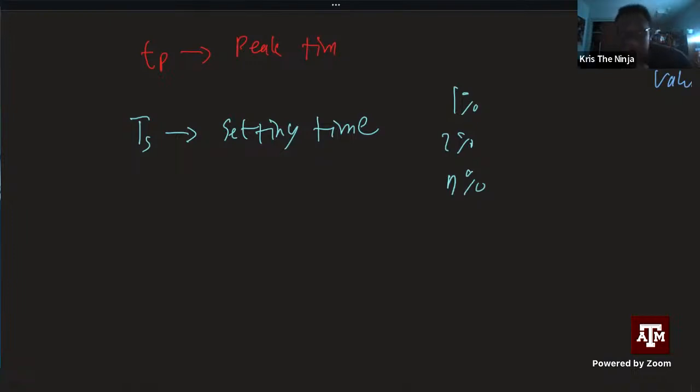So instead of showing how to solve for everything, I'm just going to give you all the equations that you will likely use on the exam. So how to find overshoot, if we know peak time.